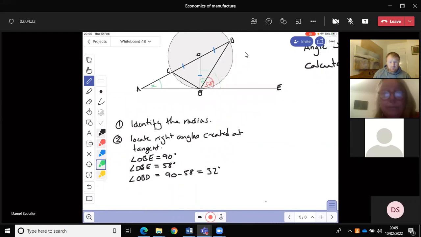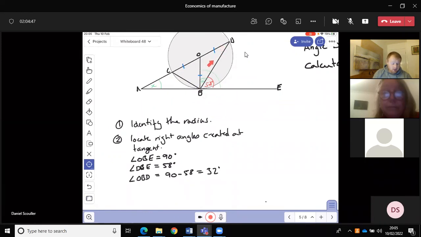Okay. Now I want to work towards CAB. Can I use the information I now know to work out any of these angles in here? Now I could take this information and go up to this angle and say that's 32 degrees as well because that's an isosceles triangle.